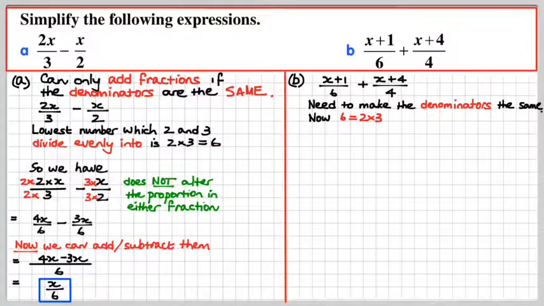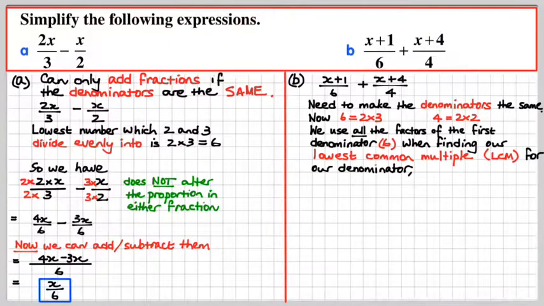Okay, so we've got 6 now. What you do, doing it systematically, you split this up into its factor tree components, its prime number components. So that's 2 times 3. You do the same thing to the 4. 4 is 2 by 2. Now, this is the LCM, lowest common multiple procedure, guys.